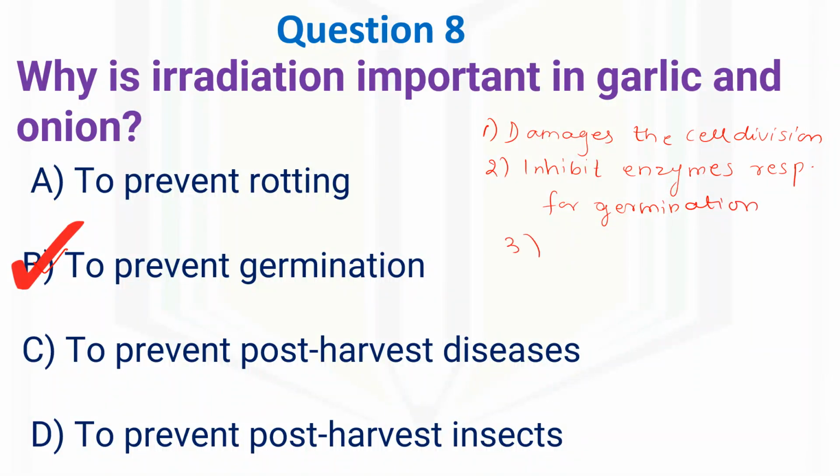And thirdly, it will reduce the respiration rate. So if the respiration rate is reduced, then the water or the moisture will not be generated, and thus it will prevent the sprouting. So it will slow down the metabolic processes, thus reducing the energy available for sprouting. So here our correct option is to prevent germination.